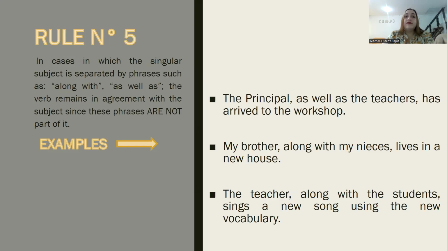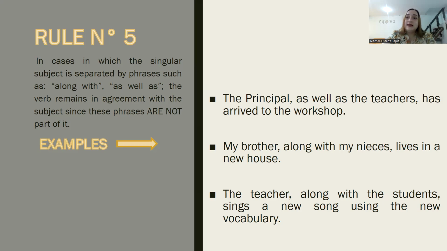In rule number 5, when the singular subject is followed by phrases such as along with or as well as, the verb remains in agreement with the subject, since these phrases are not part of it. This means that I am adding extra, unnecessary information. For example: the principal as well as the teachers has arrived to the workshop. To explain this example, let's imagine I invite an entire school to a workshop in some special place, for example, a swimming pool.